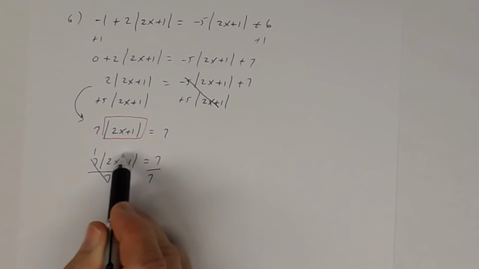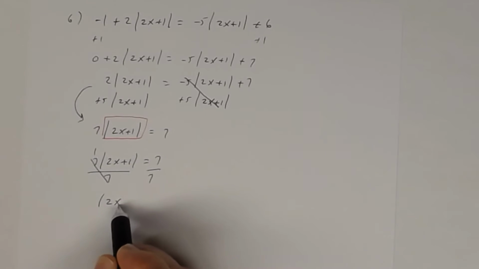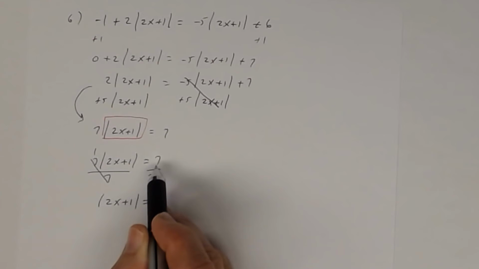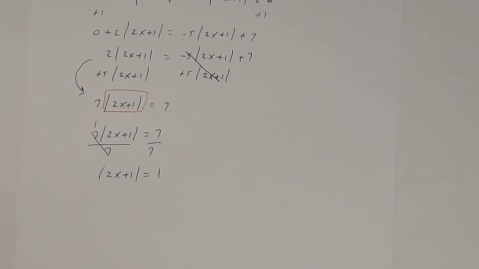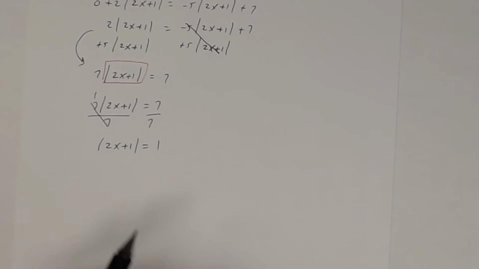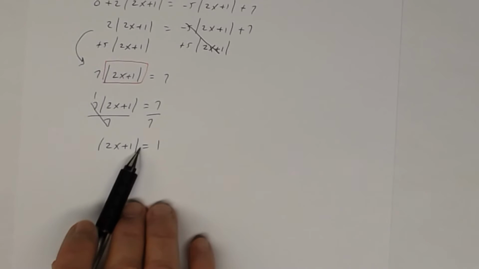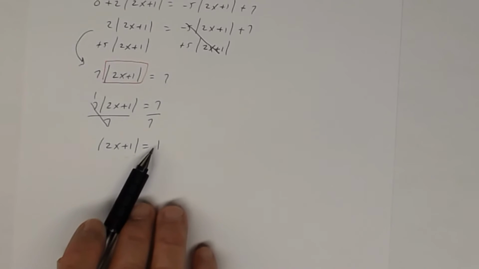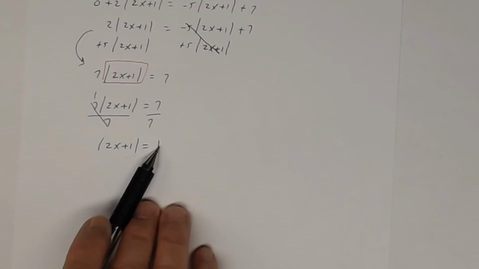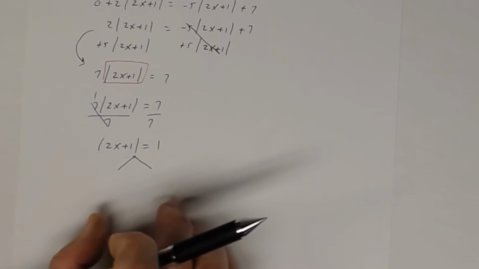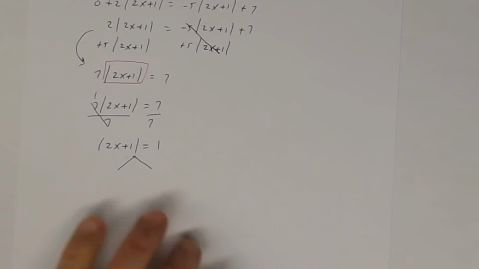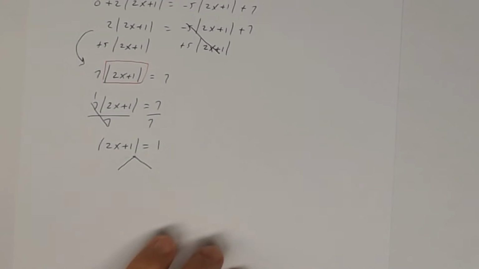So 1 times the absolute value of 2x plus 1 is the absolute value of 2x plus 1 equal 7 divided by 7 is 1. And so now I have the absolute value expression all by itself. And notice this number is positive, right? So therefore, if you do these next two steps, or this little part here correctly, then those are going to be your solutions. Those will be your solutions.